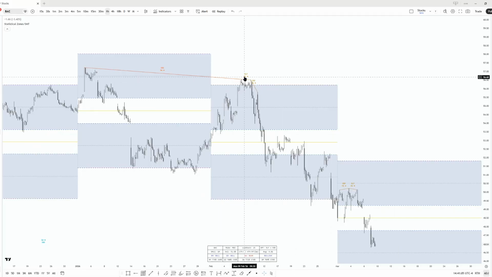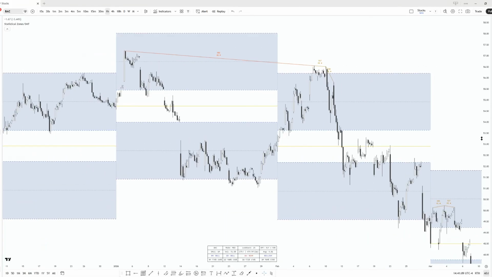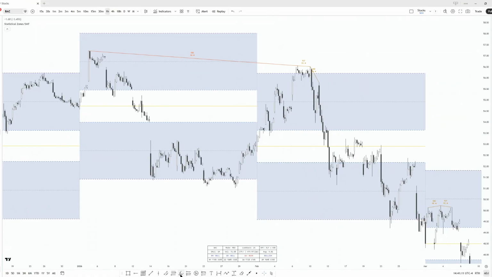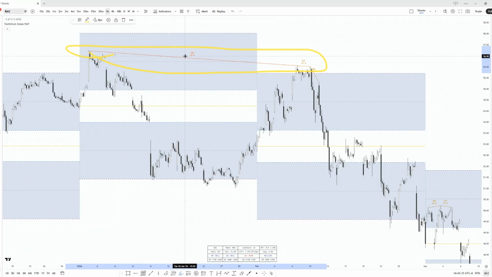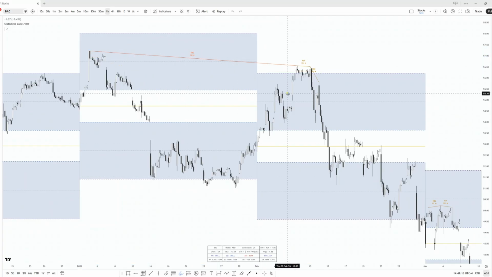So right off the bat, I can see that's having some SMTs with its ETFs. SMTs simply means a divergence comparing it to a different symbol. So here you can see Bank of America did not take this high, but KBE did, XLF did, and again, there was another SMT here.